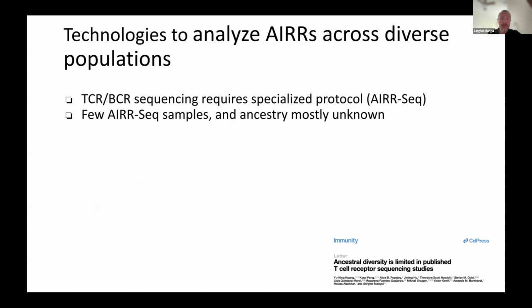So there is a proper technology to study the immune repertoire called AIR-seq. Sometimes it's called TCR-seq or BCR-seq. That's a proper technology which will look only at the TCR or BCR locus and will deliver you the sequencing reads coming from that locus.